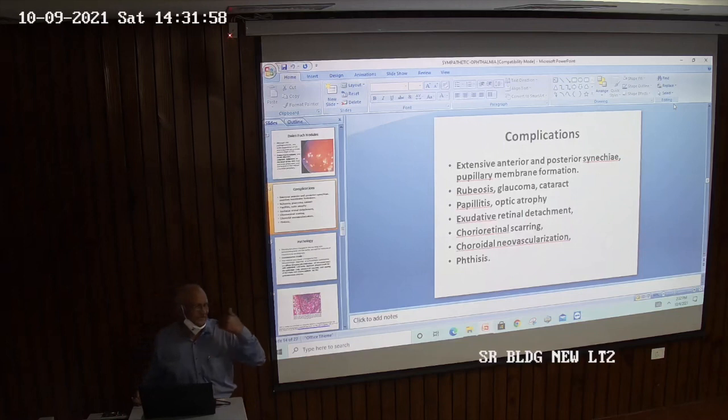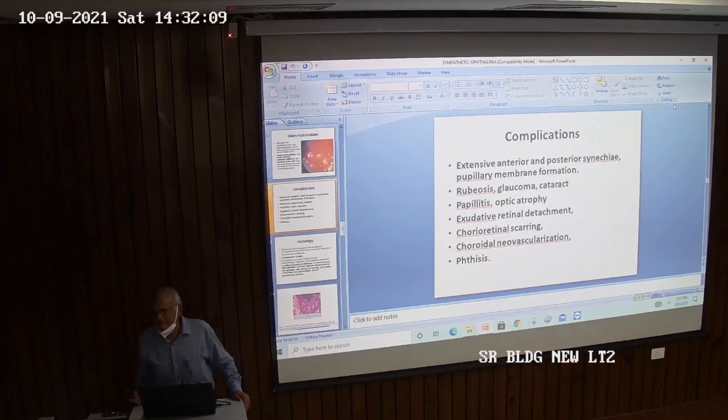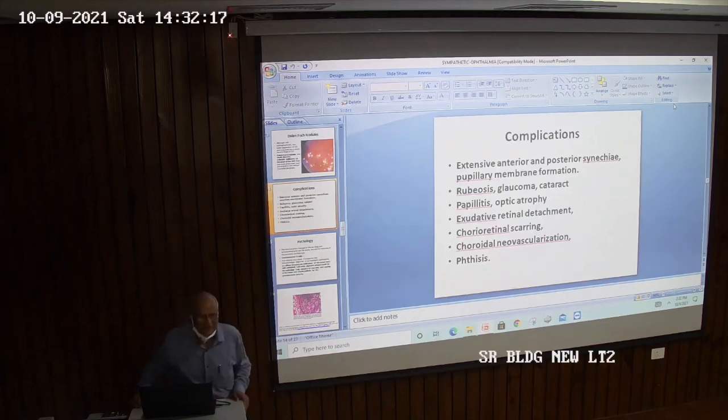Suppose there is degeneration of the ciliary body, as occurs in cyclodialysis or cyclodiathermy, or ciliary body atrophy. If the ciliary body is atrophied, it stops secretion of aqueous. So there will be no aqueous, the eye will slowly become soft and will disintegrate. That eye is the phthisical eye.